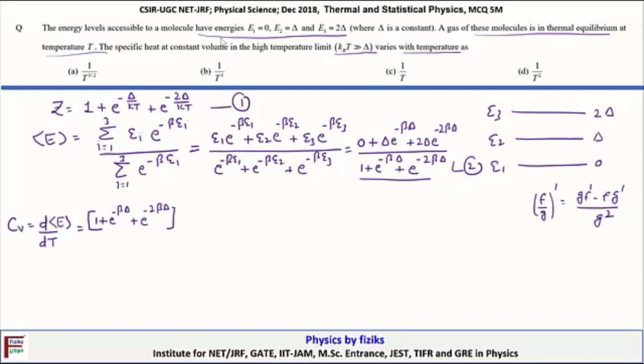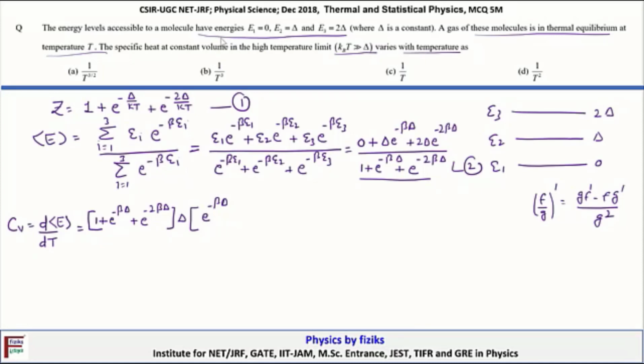In the numerator we have delta common, so I am taking delta common outside, and then the differential of the numerator: the first term exponential minus beta delta, and the differential with respect to T of the exponent, delta by kT, will give us a minus delta by kT square.